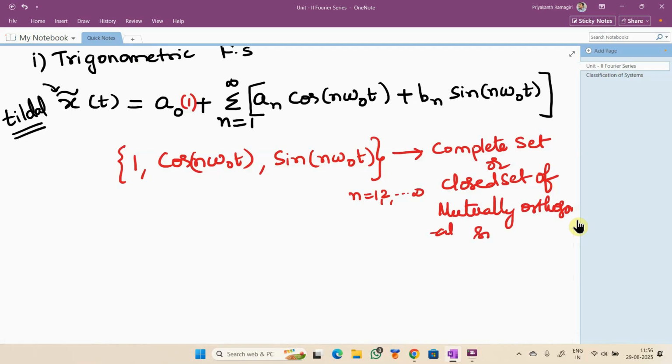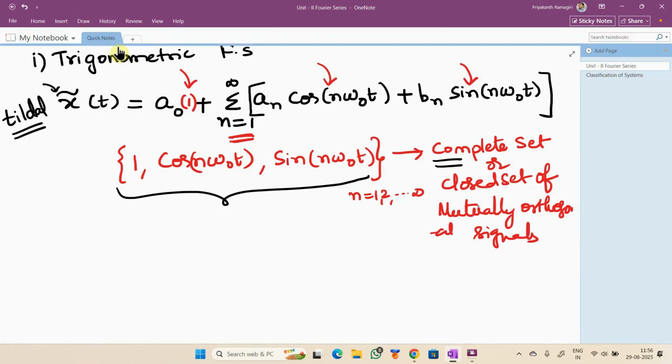You can see that with n varying from 1 to infinity, you get a set of cosine functions. n again varying from 1 to infinity, you get a set of sine functions. So all this set, whatever I have represented, is a complete set of mutually orthogonal signals.